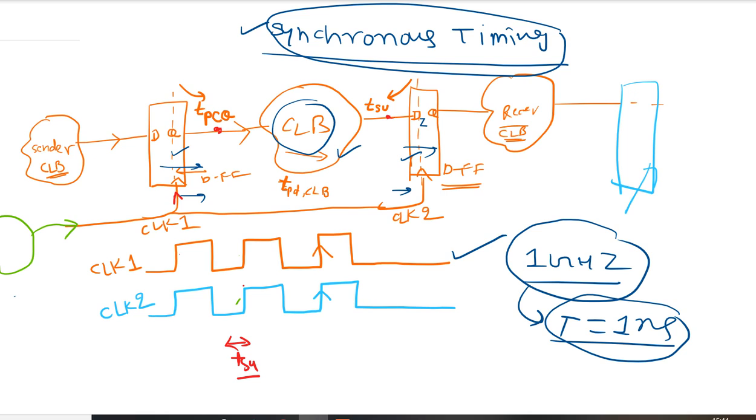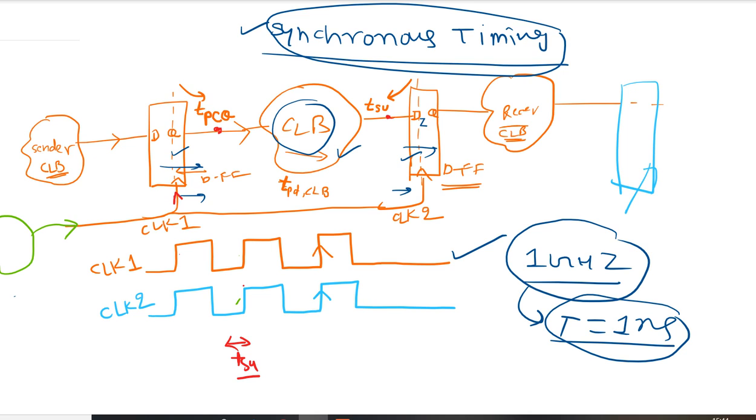You have to generate the clock on the basis of the minimum time period this hardware is taking. So we will discuss this problem where we have designed these CLVs. They are taking a certain delay to process the data from input to output.